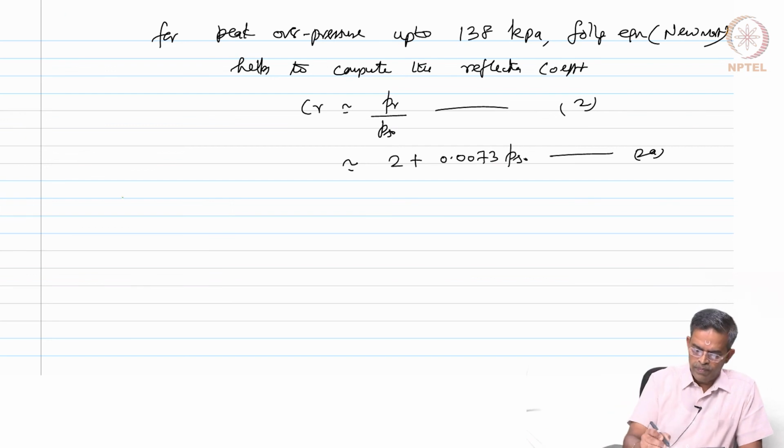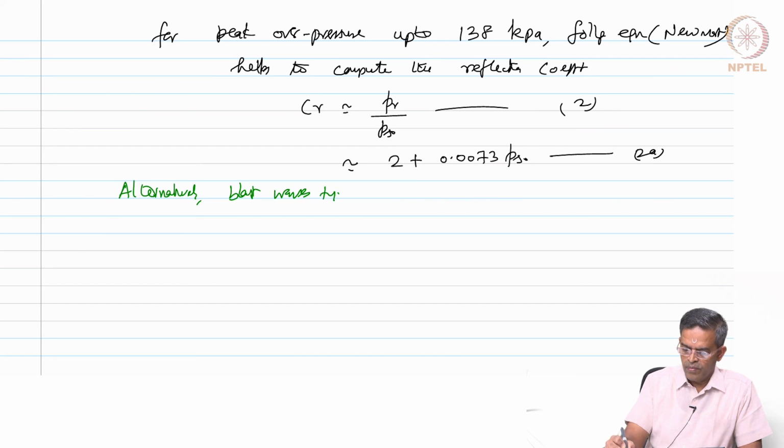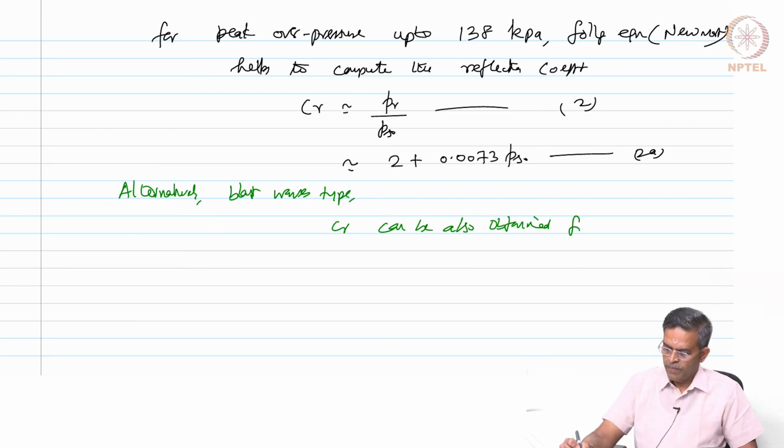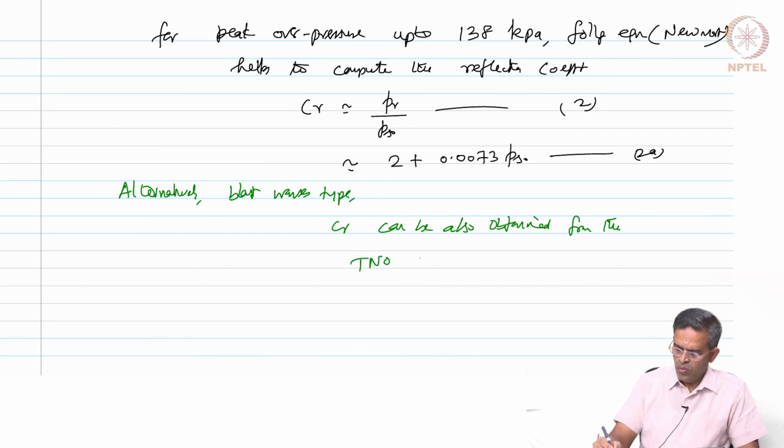Alternatively, for different types of blast waves, CR can also be obtained from the TNO Green Book.